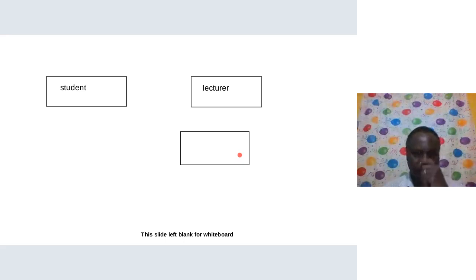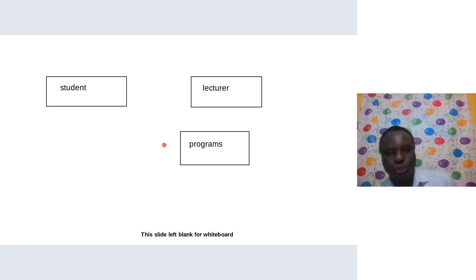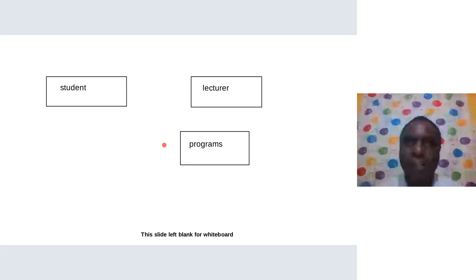Once we have identified our entities, we also need to show the relationship among these entities. Remember, this is a diagram that is part of the designing of your database, but these are all drawings.